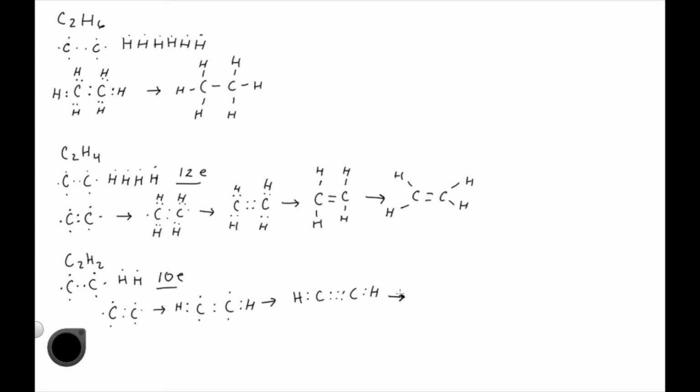So we can draw our structure over here. We have H connected to our carbon, a triple bond, our carbon, and 1 more hydrogen. So that's going to be our Lewis structure for acetylene.